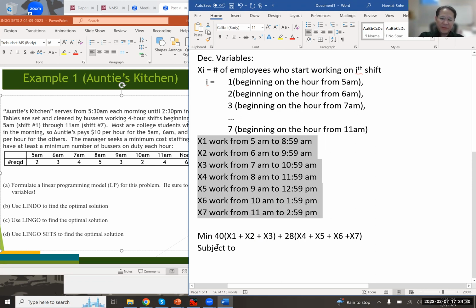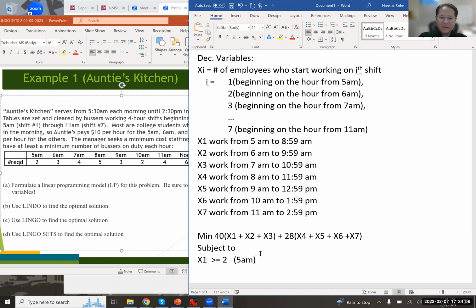At 5 a.m. So it's going to be X1 has to be greater than or equal to this number, 2, right? So it's going to be 2. This is the constraint for 5 a.m., right? This is the 5 a.m. constraint. How about 6 a.m.? Who's working?